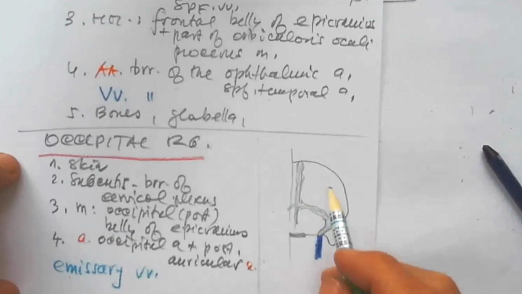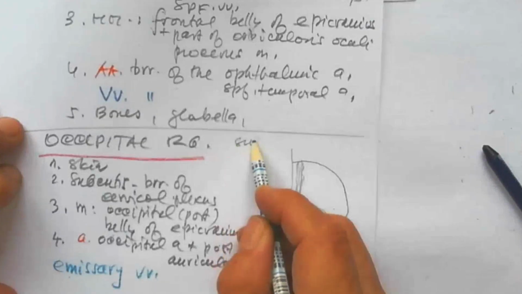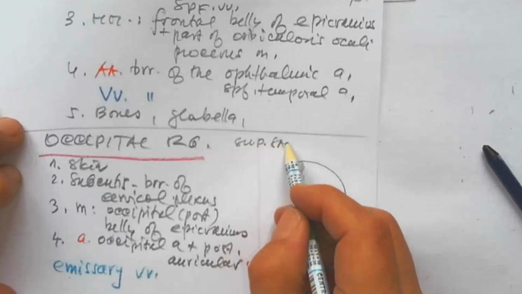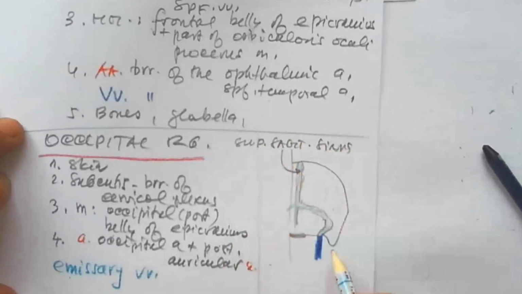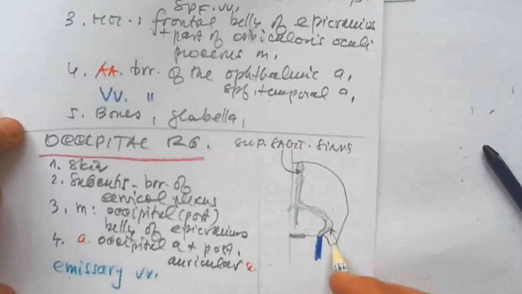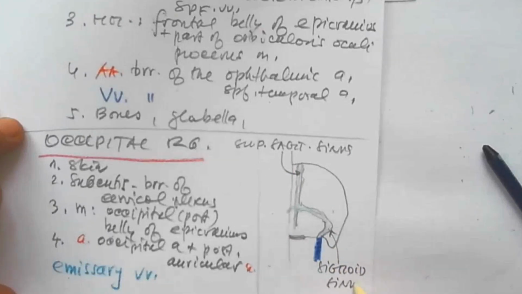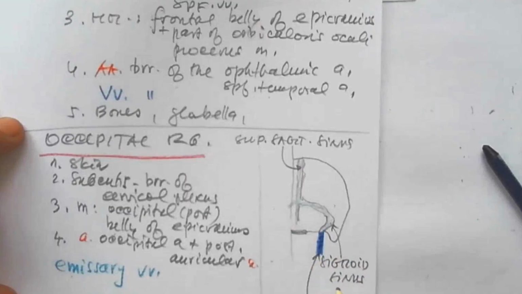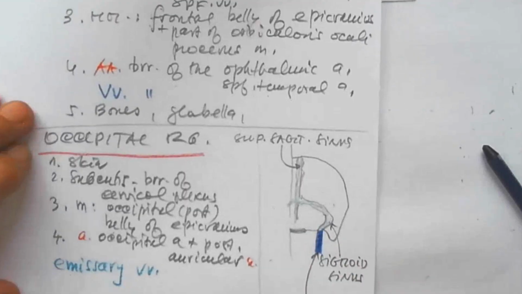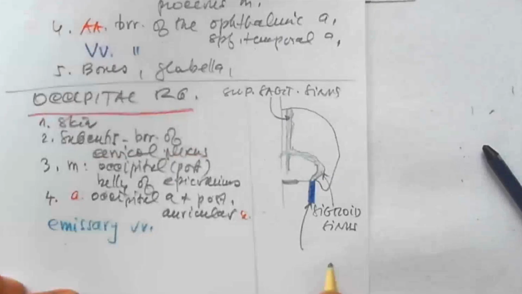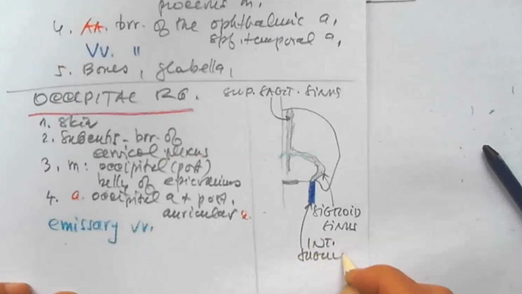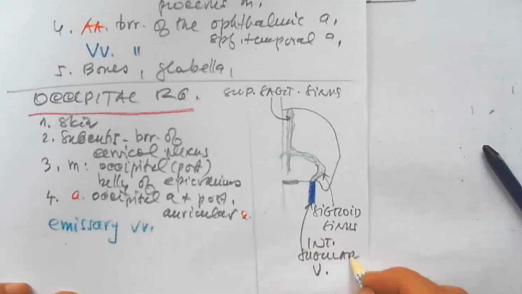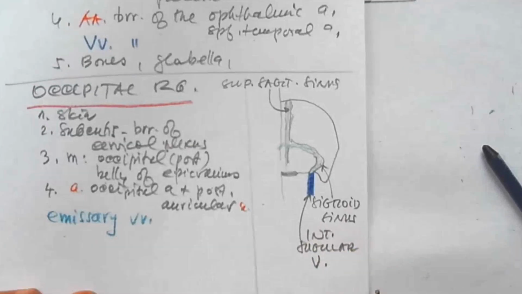So we could say that this is, for instance, superior sagittal sinus. That one is the sigmoid sinus. Fine, they are inside. Here is the vein resulting from the fusion of the sinuses. We call it internal jugular vein, and internal jugular vein passes through the jugular foramen.